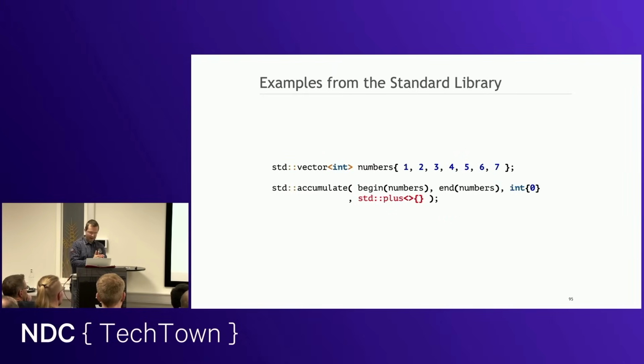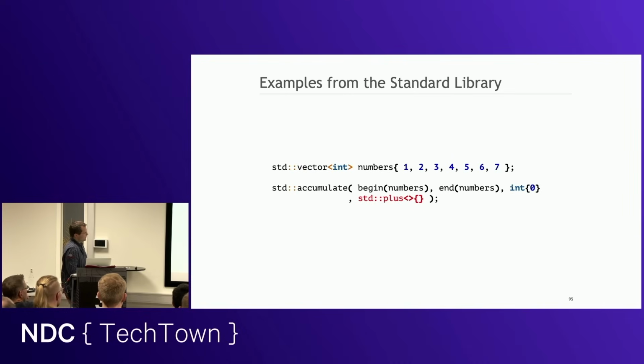Then, algorithms. Accumulate. So I want to accumulate, meaning sum up, all the numbers in this vector of integers, 1, 2, 3, 4, 5 to 7. Of course, I would pass begin, end, and the initial value 0. Okay, and then I can decide how to add things up.